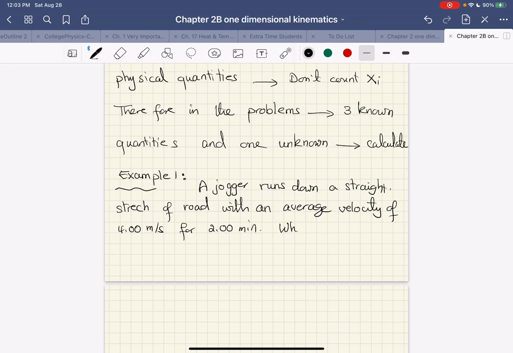What is the final position, taken his initial position to be 0?